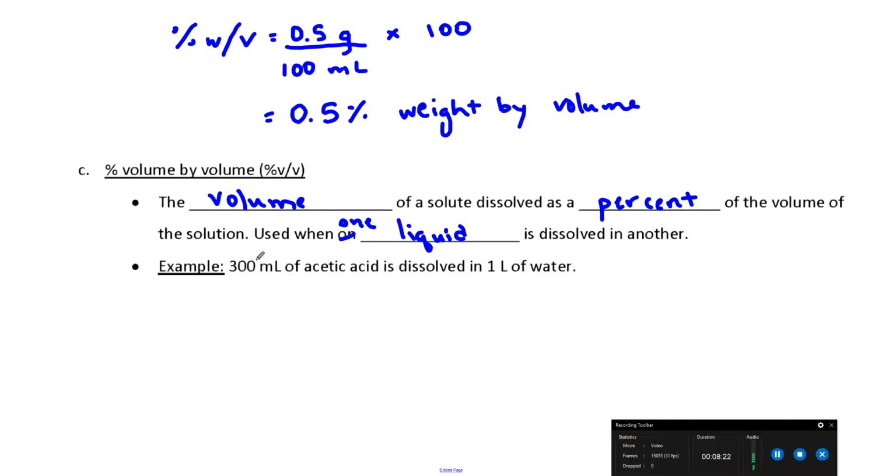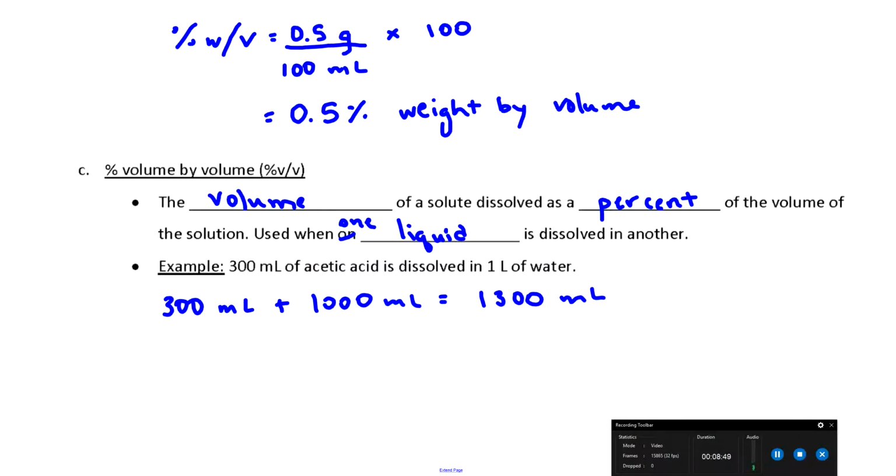If we're adding 300 milliliters to 1 liter, the solution in total is going to have a total volume of 300 milliliters plus, well, 1 liter is 1,000 milliliters. So in total, we have a volume of 1,300 milliliters.